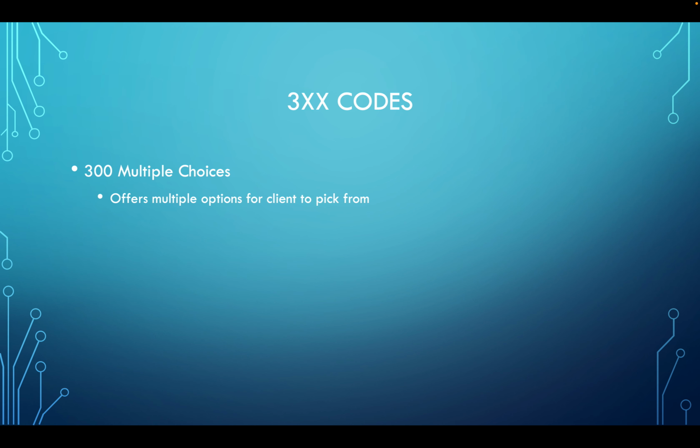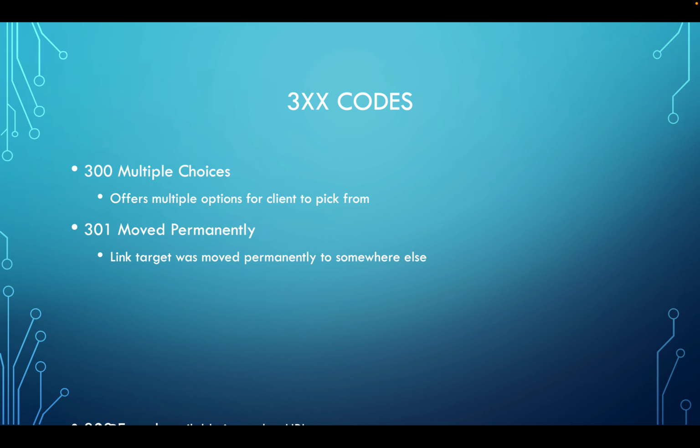This is where you can choose the file format to open something in, like PDF or doc. 301 is Moved Permanently, so the target of the link you clicked on has been moved somewhere else. 302 is Found, which means the resource you're looking for isn't here, but it is at another URL which should be shown.